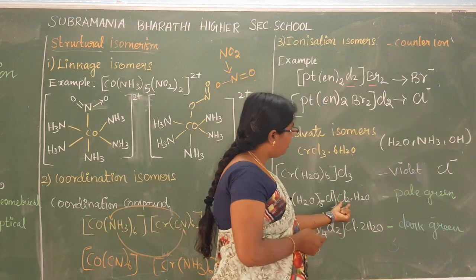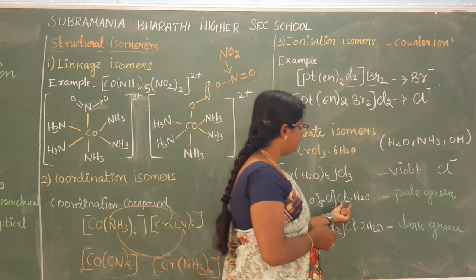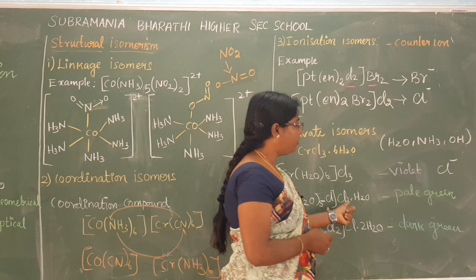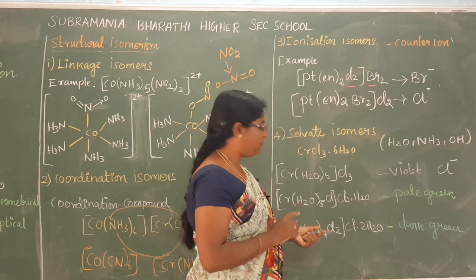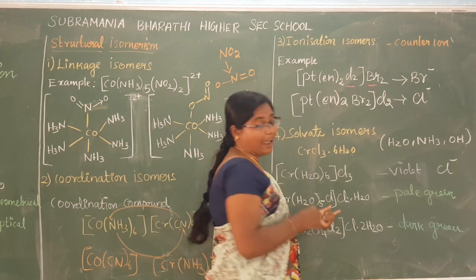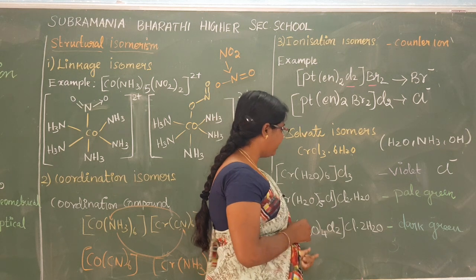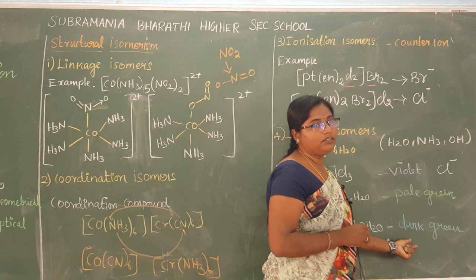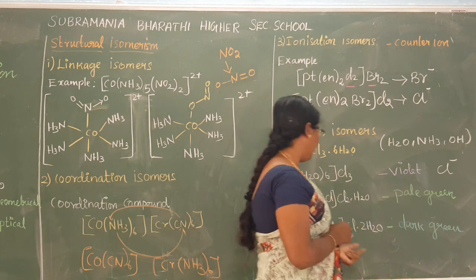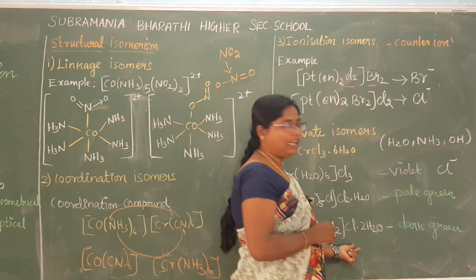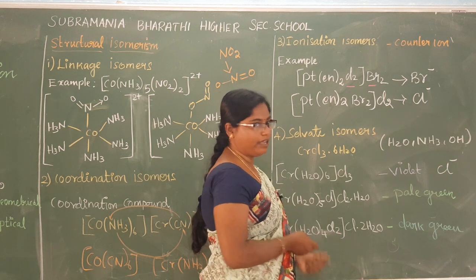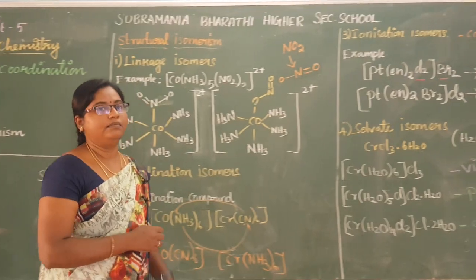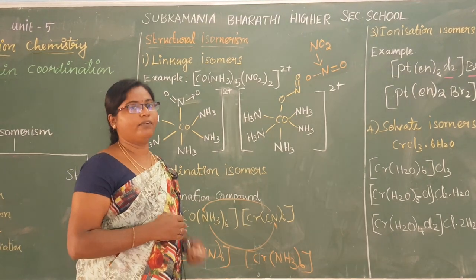Here it is Cl2, so two chloride ions will be eliminated and ionized here. In the third case, this isomer exhibits dark green color. In this case only one chlorine will be ionized. So this is called solvate isomerism. Hope it is useful for everyone. Thank you.